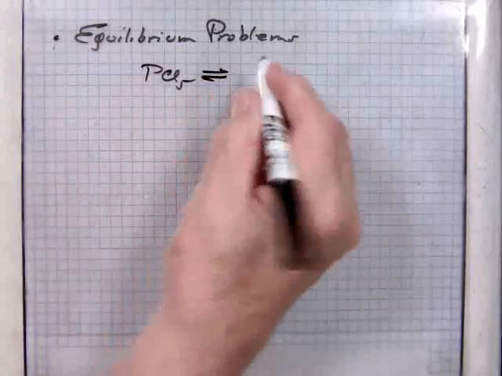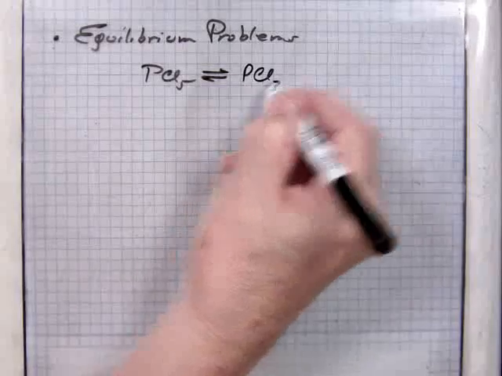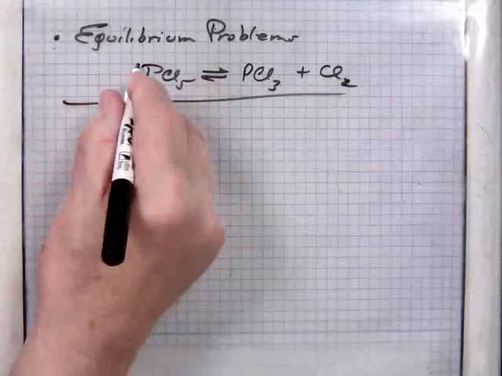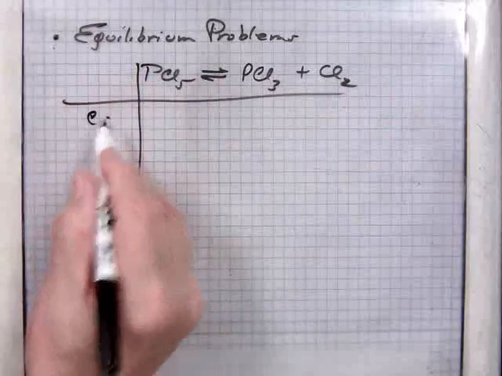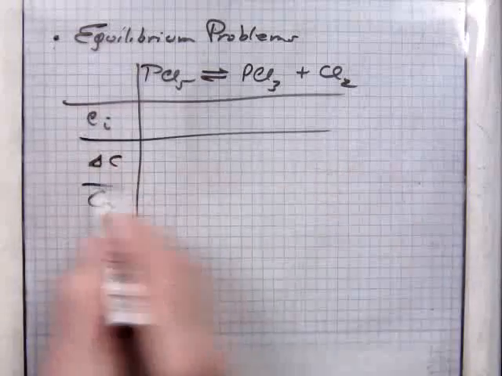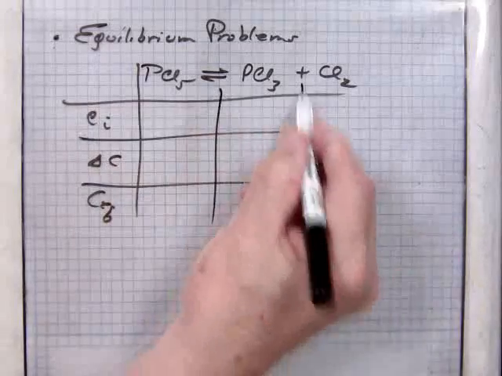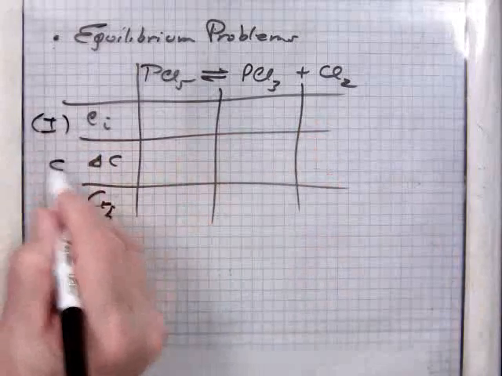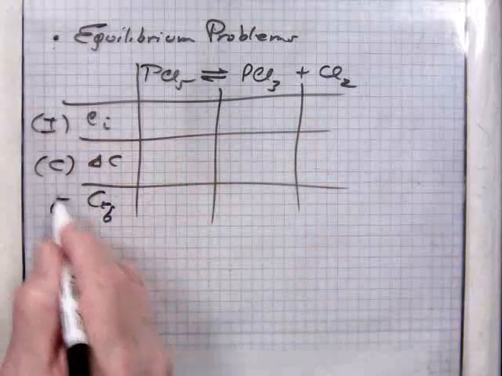These are all gases, PCl3 plus Cl2. And we set this up as a CI, change in C and C at equilibrium. And we'll do this several times today, just doing a review. This is I, C change, and E equilibrium, ICE table.